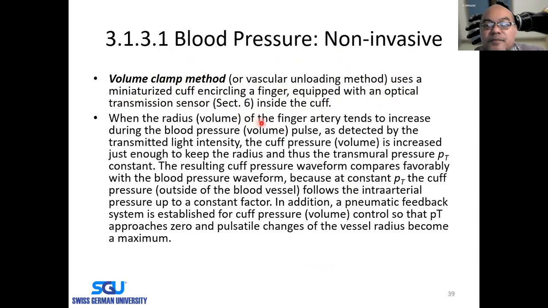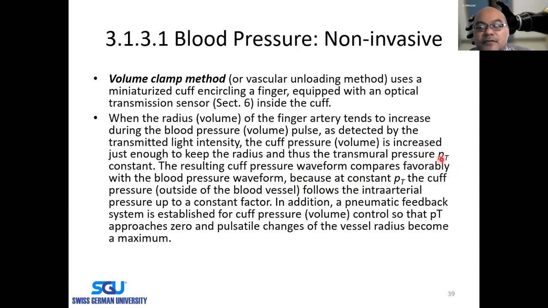When the volume of the finger artery tends to increase during the blood pressure pulse, as detected by the transmitted light intensity, the cuff pressure is also increased just enough to keep the radius, and thus the transmural pressure, constant. So the resulting cuff pressure waveform compares favorably with the blood pressure waveform. It is similar to the blood pressure, because when the blood pressure increases, the cuff will try to increase pressure also to balance it.